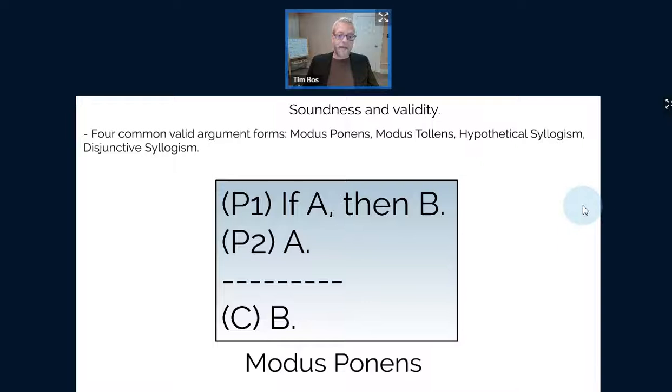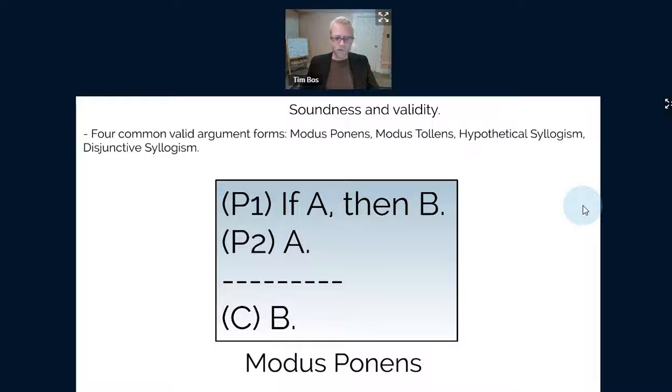All it's saying is that if A is true, then B has to be true. So then when in the second premise we say, hey, guess what? A is actually true. Now we're committed to our conclusion. Right? If we're committed to the idea that if A is true, then B is true, and we're committing ourselves to A being true, then we've already committed ourselves to B being true, right? On pain of logical inconsistency.